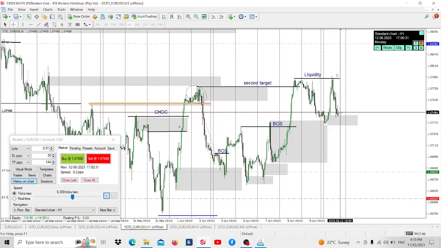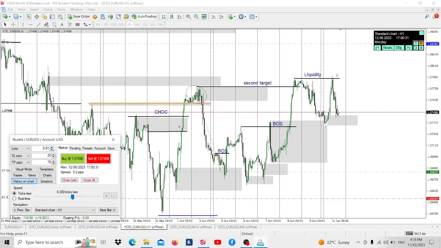Now we have to predetermine our risk. The market is here, right? Going to have a 20 pip stop loss. Where are we going? Above here, 70 pip take profit.